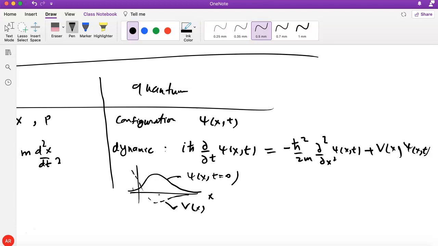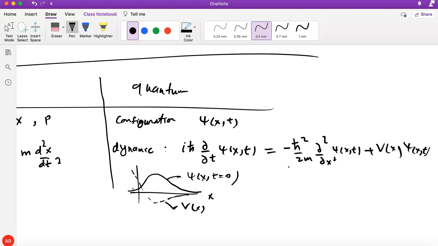So a little bit later, if you have a clock that ticks, you add a dt, a tiny amount of time, to the wave function. That's a snapshot at t equals 0. You know the wave function at that point. You fix the time, you take the second derivative with respect to position, so it has to do with the curvature of this wave function at that instant, and then you have the potential, which multiplies the wave function.